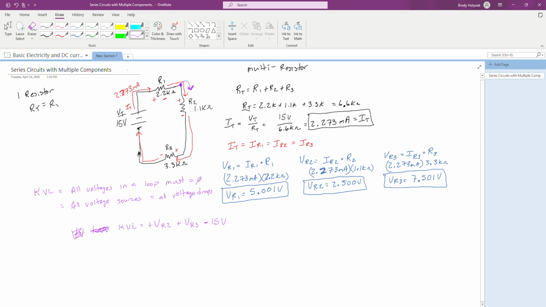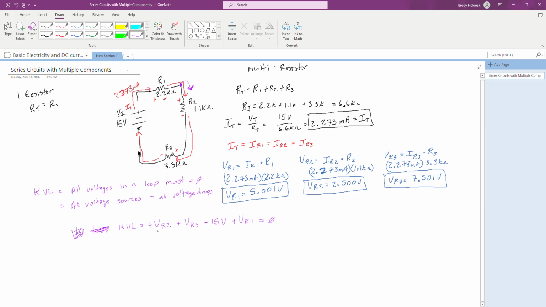Then when we get through the power supply, we come back around, we run into a positive VR1, and we get back to our starting spot. So according to Kirchhoff, all voltages in a loop must equal 0. So all three of these resistors plus my power supply must equal 0.